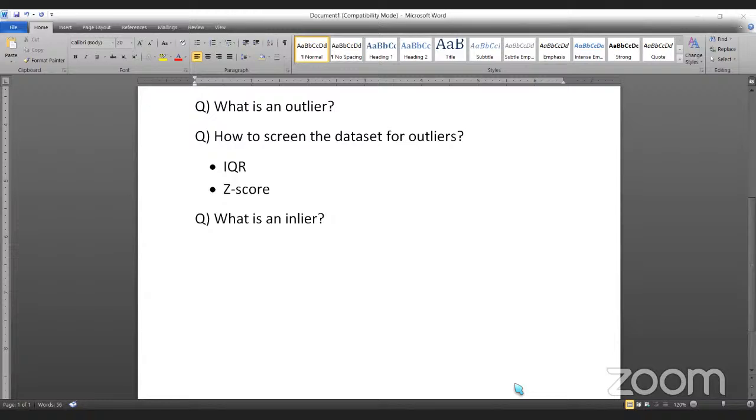So it lies within the range, but still it is an error. And if we remove it, our model accuracy increases. But unlike outliers, it is very hard to detect, and it often requires external data for accurate identification.